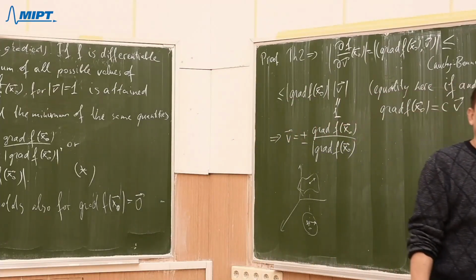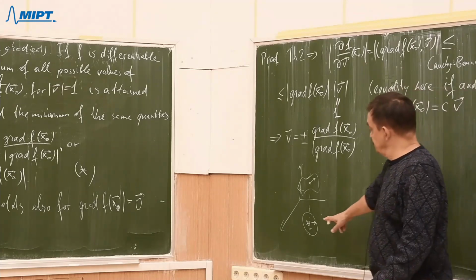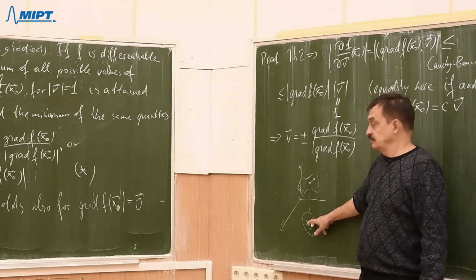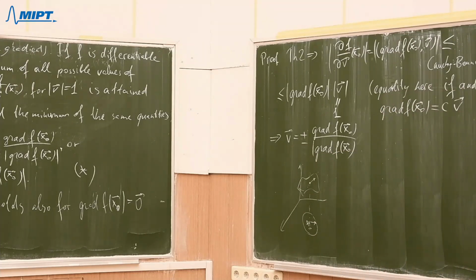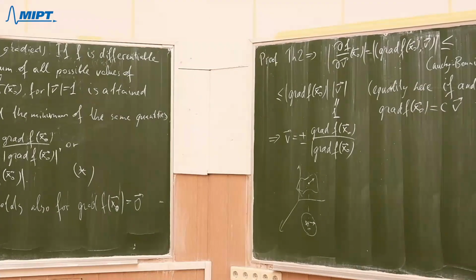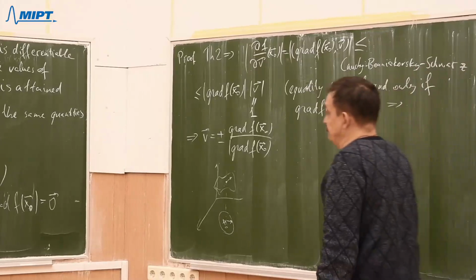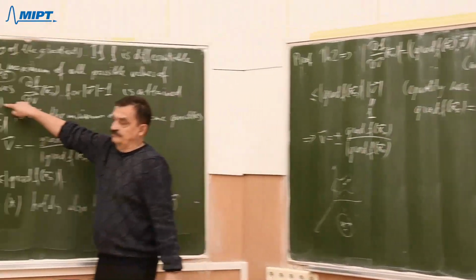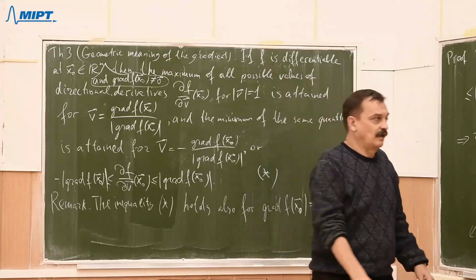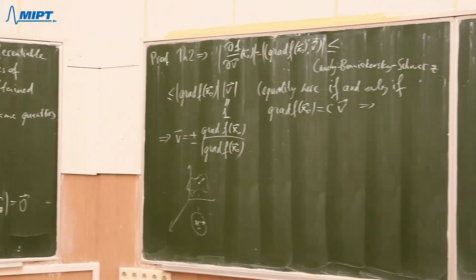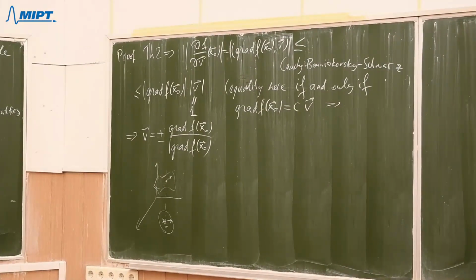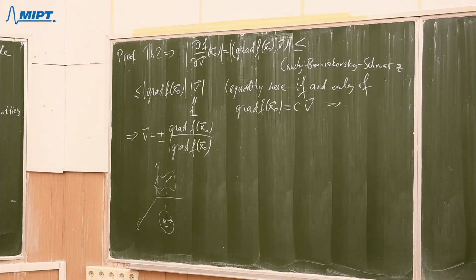So in different directions, we obtain different changes of our function. And the maximal rate is precisely when we move in the direction of gradient. It explains why gradient is so important for the questions of the search of extrema.